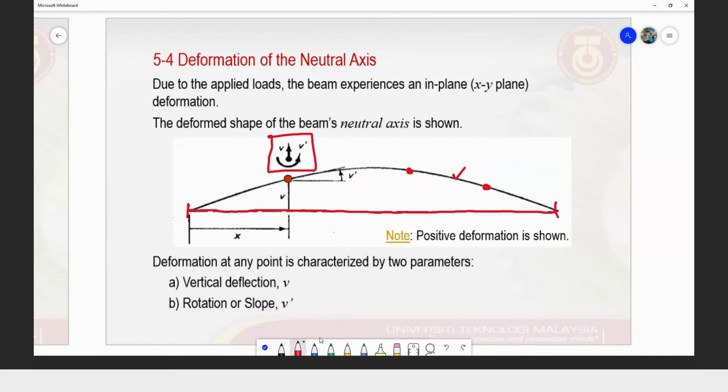The first one is the vertical deformation. So daripada asal dia dekat sini, dia dah deform ke sana kan. And then daripada asal dia straight, sekarang ni dia dah deform to certain angles. So dia macam dah rotate.